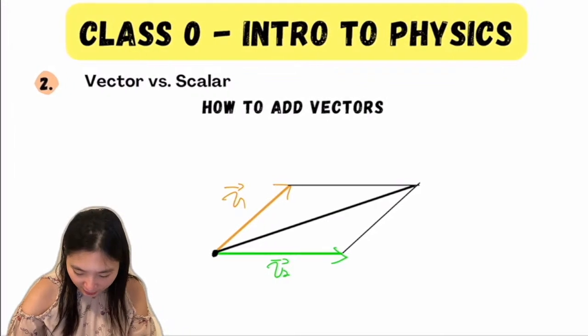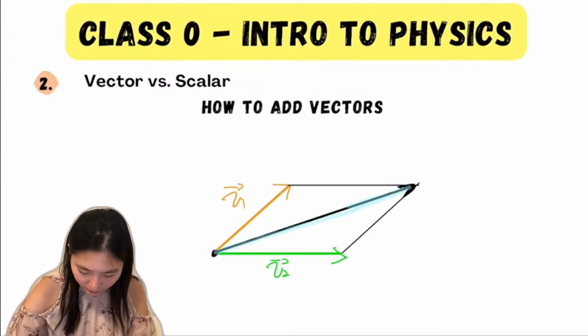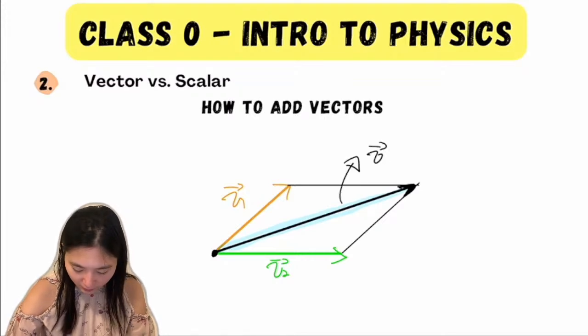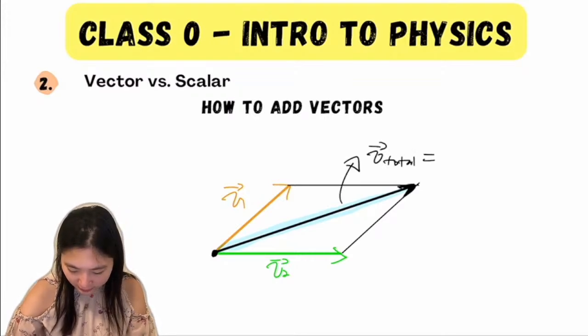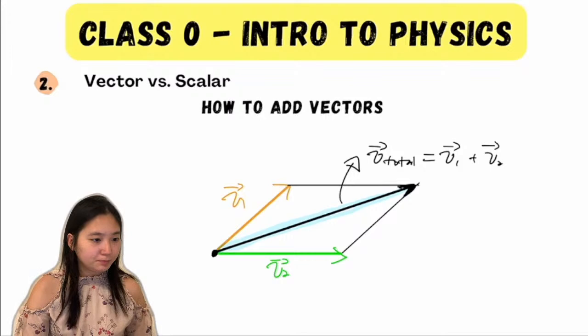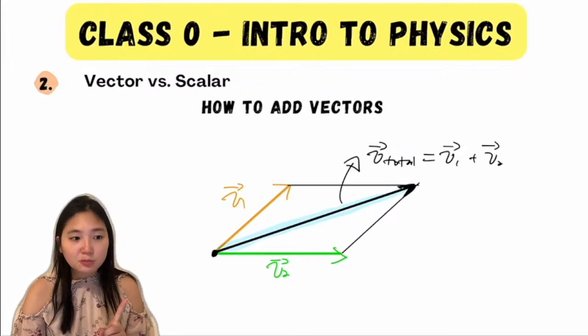This diagonal represents the sum of these two vectors, vector 1 and vector 2. Vector total is equal to vector 1 plus vector 2. And this is what we call the parallelogram method. So this is one way to do it.